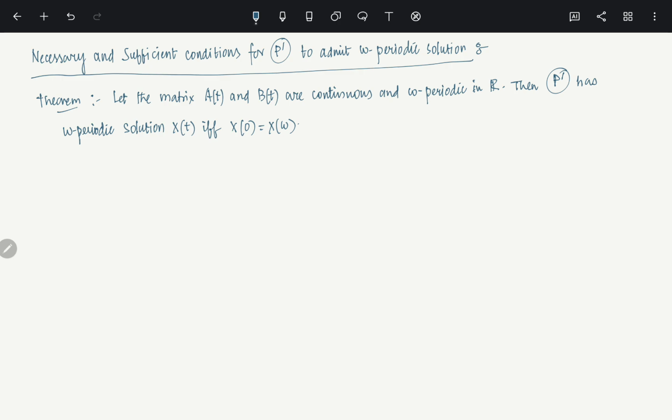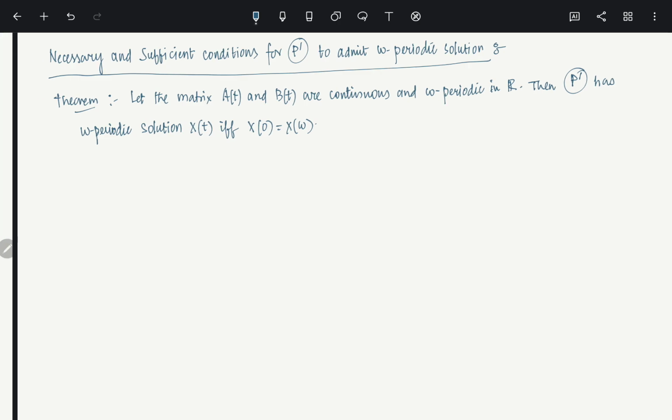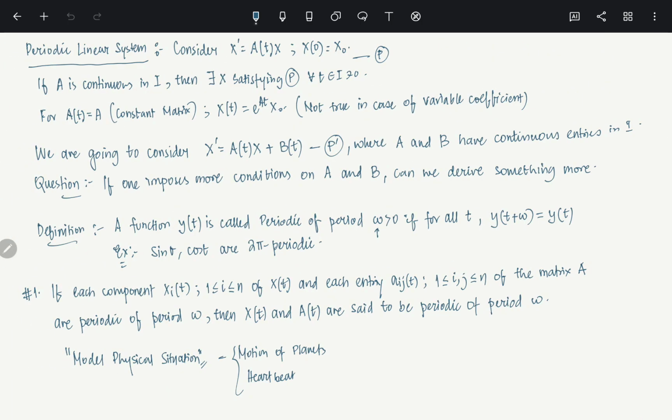That's the theorem. So essentially what it is saying is very simple. Let's say P prime is this equation, x prime equals A of t times x plus B of t. If A is periodic and B is periodic, you expect your solution to be periodic, right? Kind of, yes.